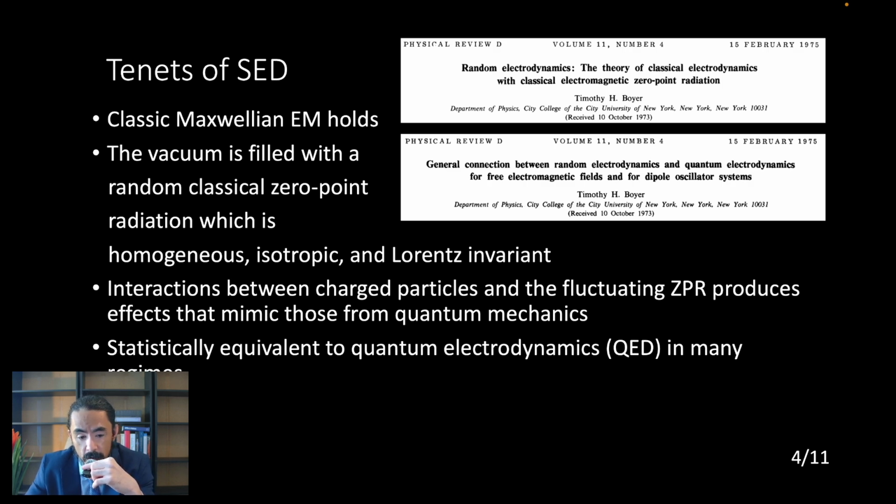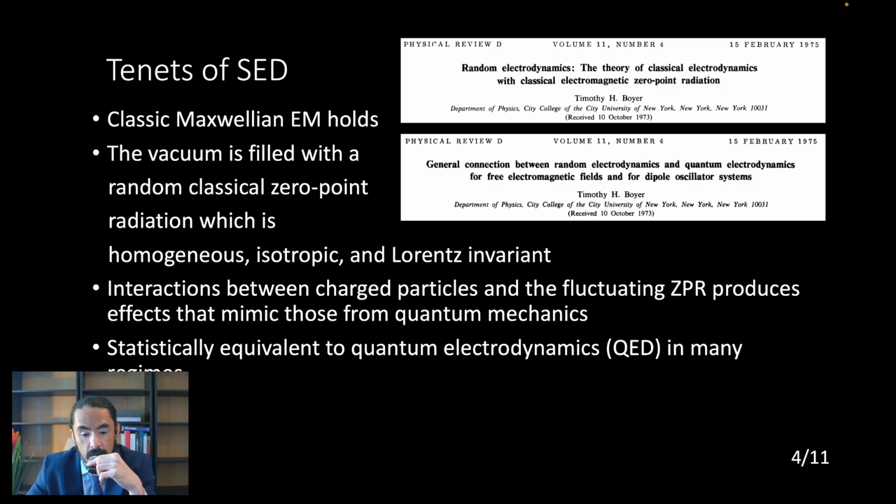In this framework, classic Maxwellian electromagnetics holds, so Maxwell's equations are still valid. I think within this framework, the caveat is that they are formulated to include stochasticity instead of just being the continuous non-random system of partial differential equations in classic electromagnetics.